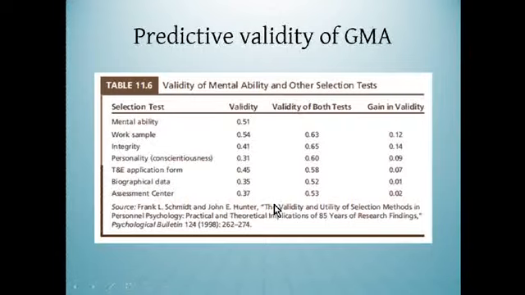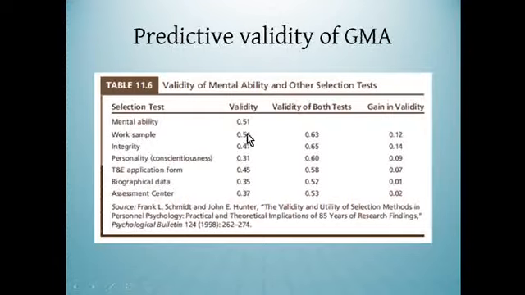Now class, let's see how the validity of general mental ability stacks up vis-a-vis other selection tools. So as you can see here, general mental ability is only trumped ever so slightly by the work sample. Now the work sample is literally doing the job. So it's a hands-on simulation of the work being done.